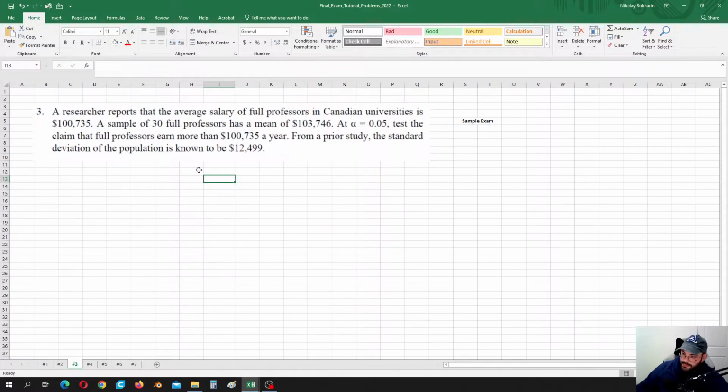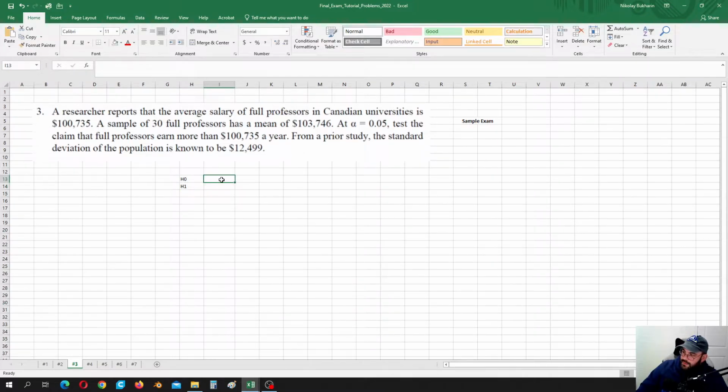As we already discussed, we need to follow certain steps to run this procedure. The first step is the definition of H0, the null hypothesis, and the alternative hypothesis.